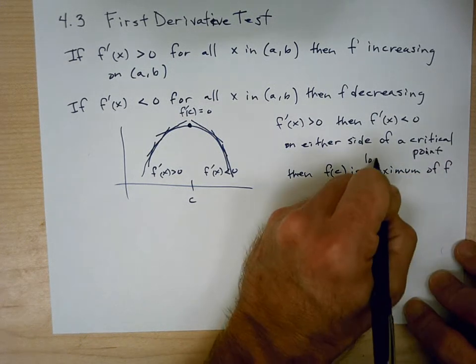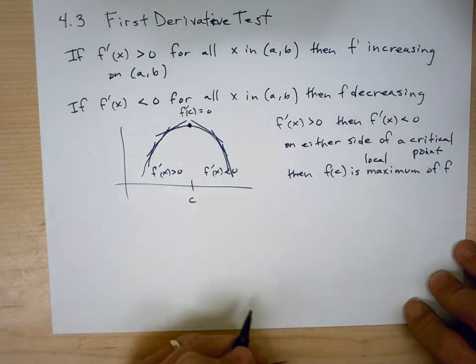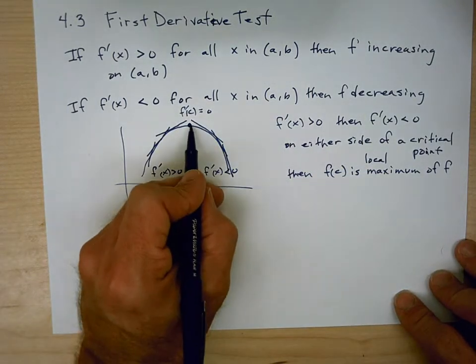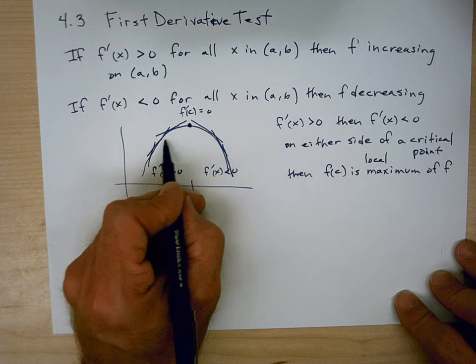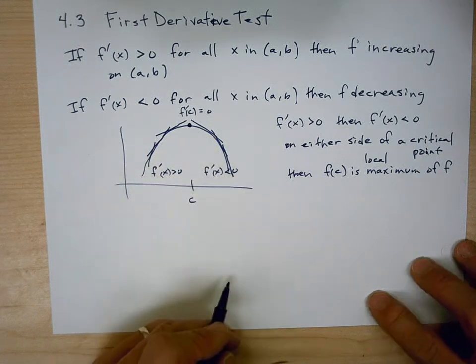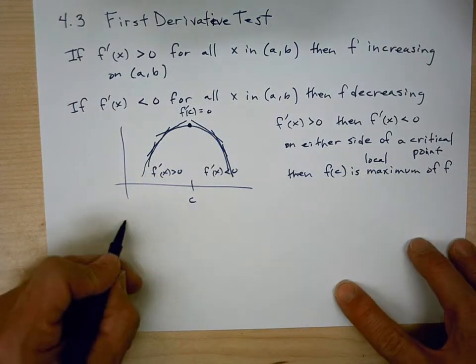We should say local, right? Okay. It just means that if we go to one side or the other, the function values are going to be smaller.